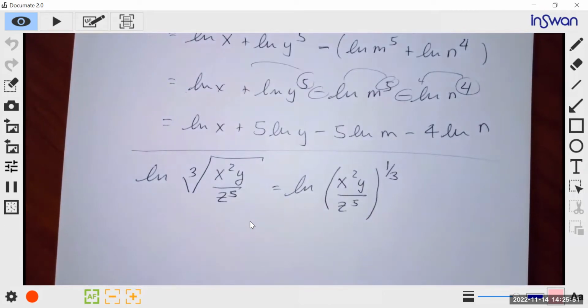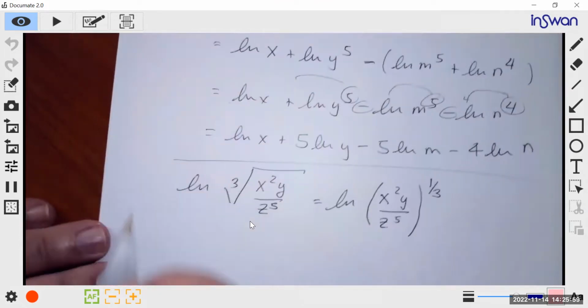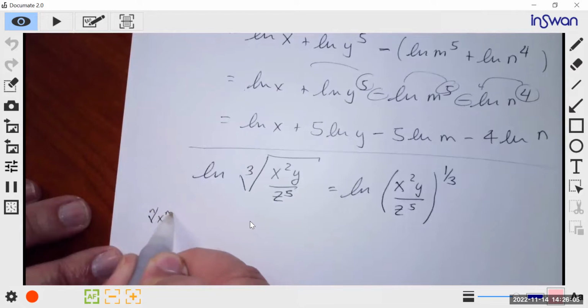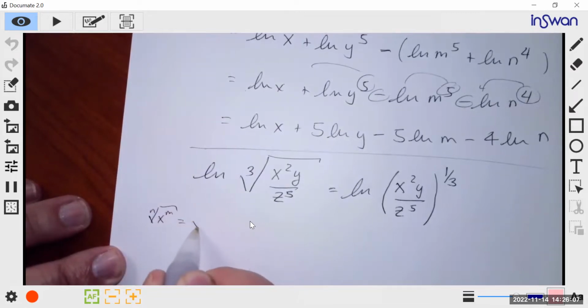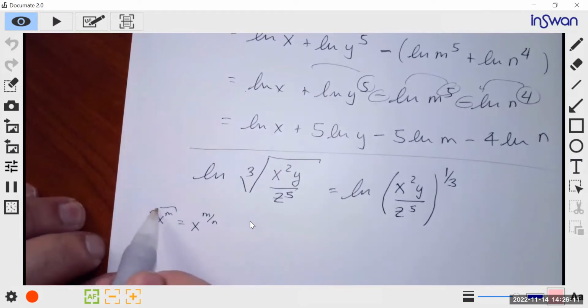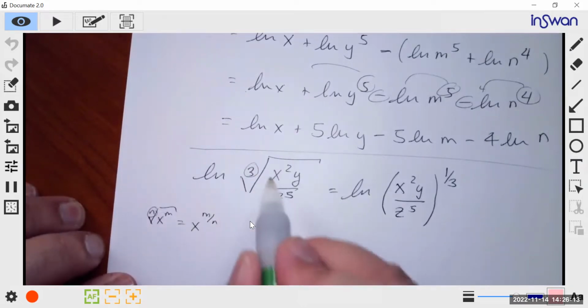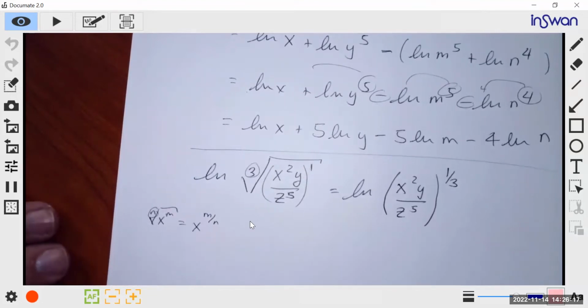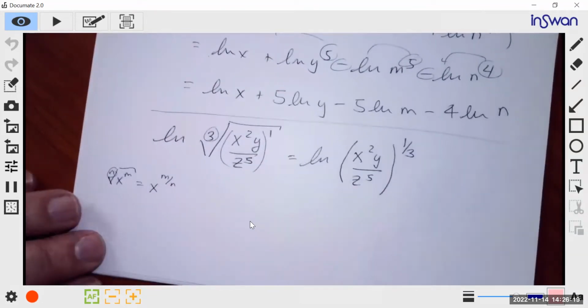Make it into an exponent. Remember the rule I showed you just a little bit ago? So it's x^(m/n). This is your denominator, that's your denominator. This is your equation, its exponent is 1. So we convert it there.